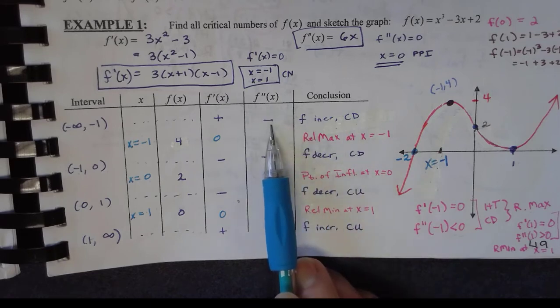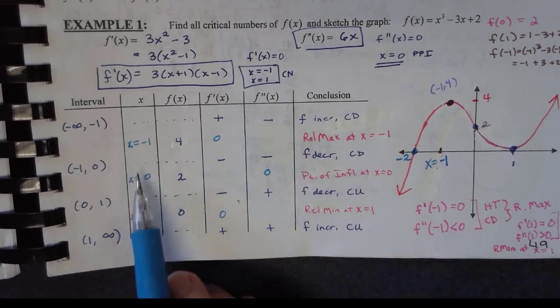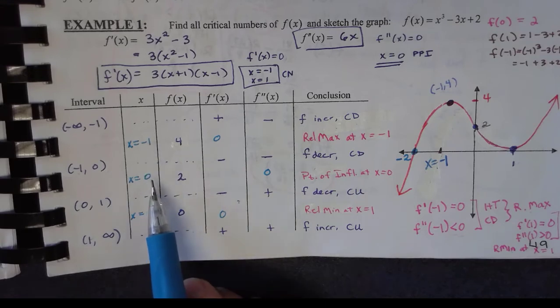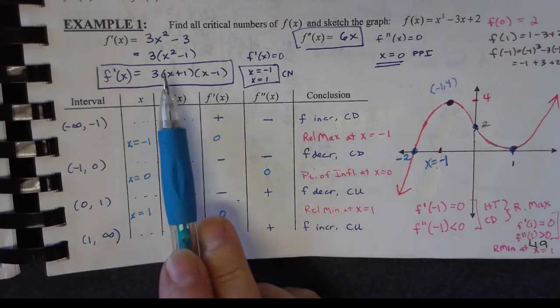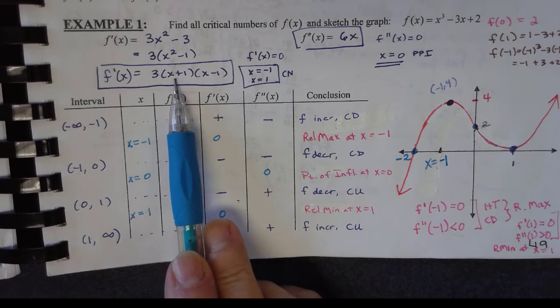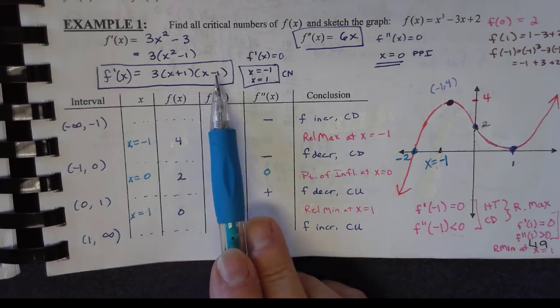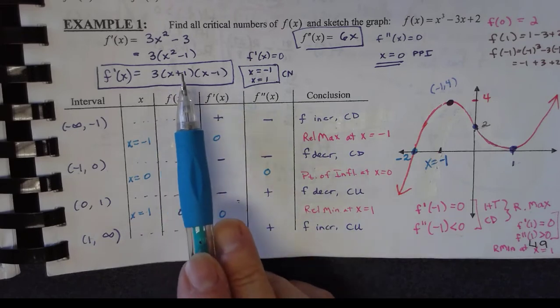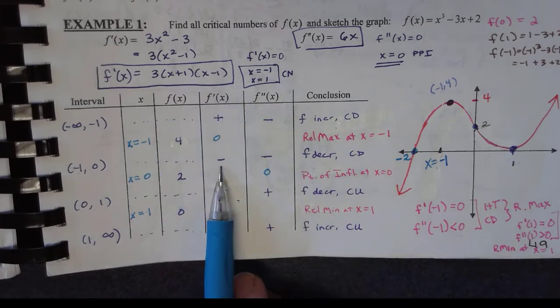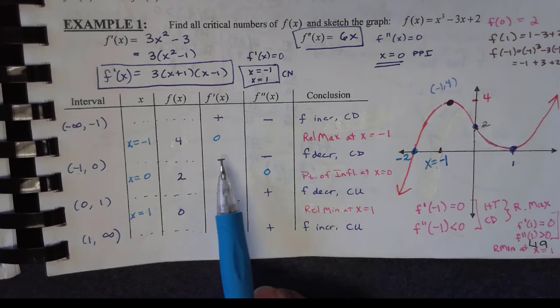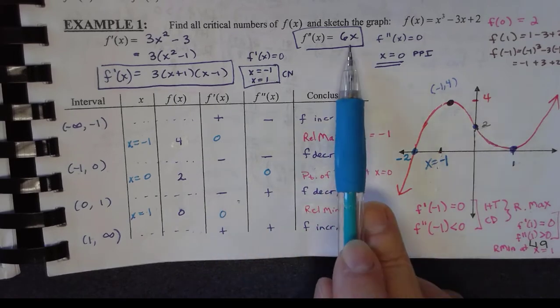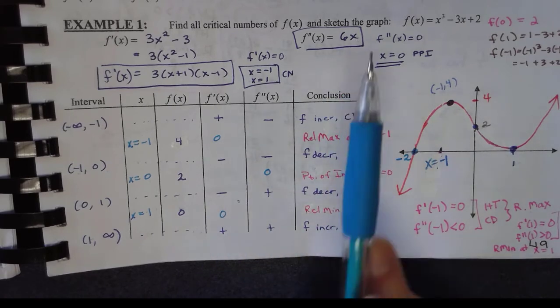Now let's go to some number between negative 1 and 0. How about negative 1/2? First derivative: 3 times negative 1/2 plus 1 is positive. Negative 1/2 minus 1 is negative. So I have 3 times a positive times a negative, which is negative. So the first derivative is negative. While I have negative 1/2 in my head, let's go over here. 6 times negative 1/2 is negative.